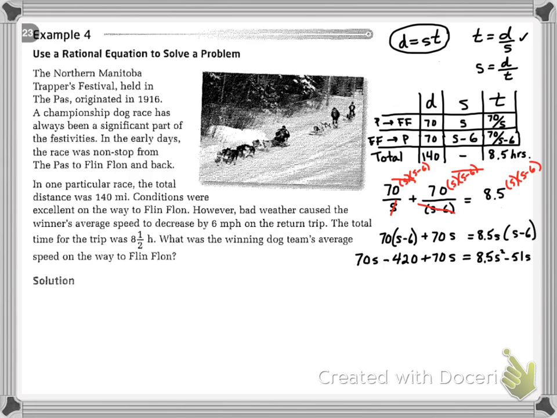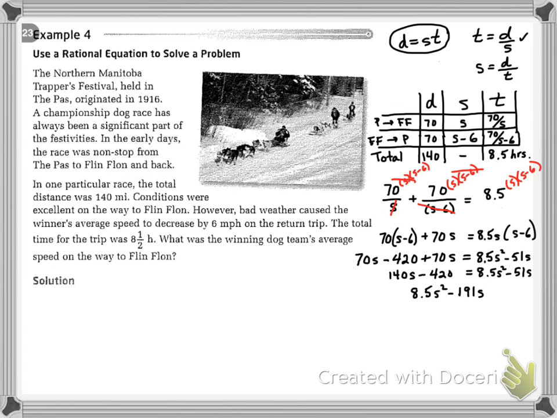Now, to bring everything over to one side, let's clean up. 70s plus 70s is 140s. Now, we're going to subtract 140s from both sides to leave us with 8.5s squared minus 191s.